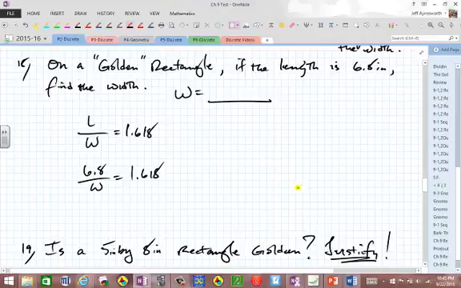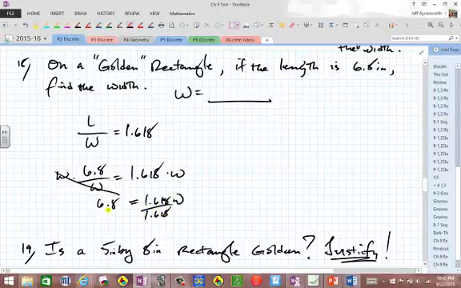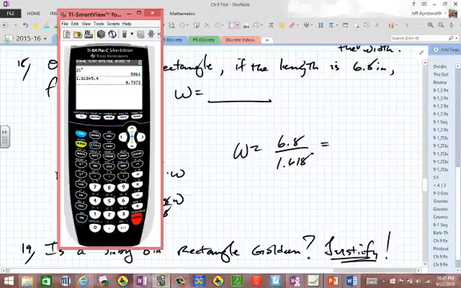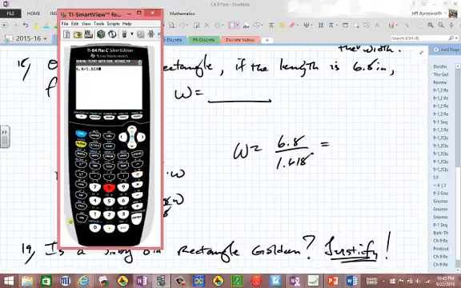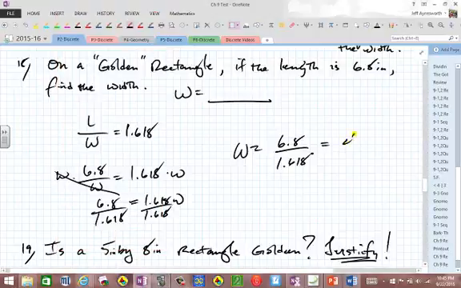Multiplied by W, you get 6.8 equals 1.618 W. Divide by 1.618, then W is equal to 6.8 divided by the golden ratio, 1.618. You do that on the calculator: 6.8 divided by 1.618, and you get 4.202, so 4.202 inches.